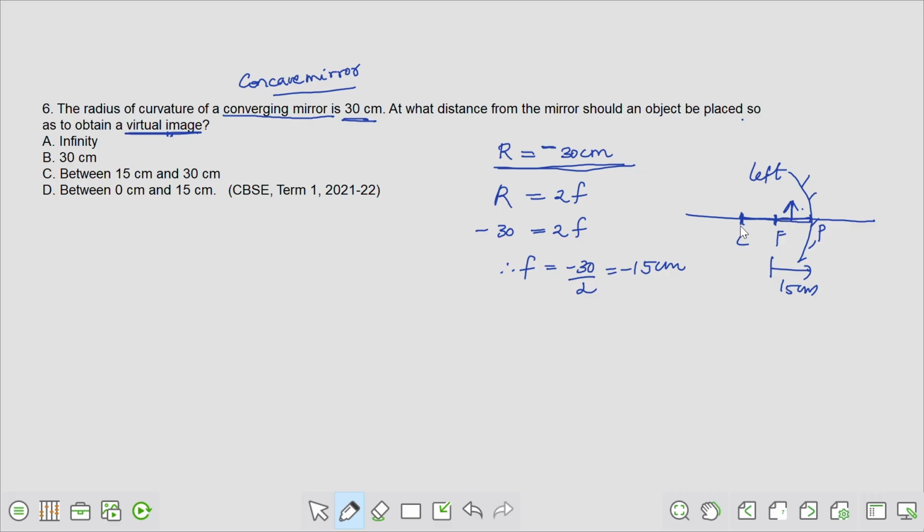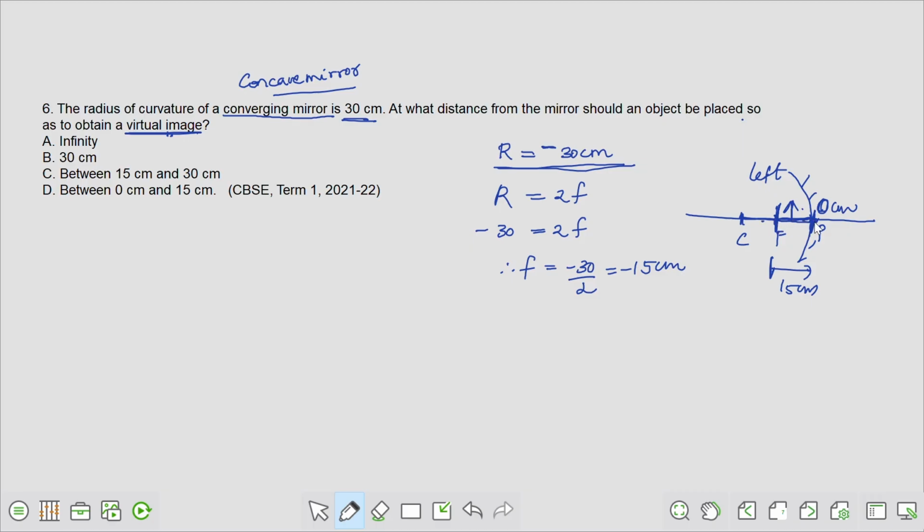Now to get the virtual image, where should you place the object? It should be placed between these two. The pole is the origin of the mirror, so it is taken at 0 centimeter. So from 0 centimeter to 15 centimeter.